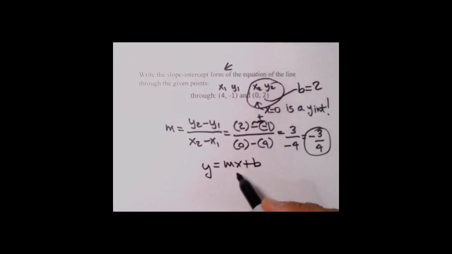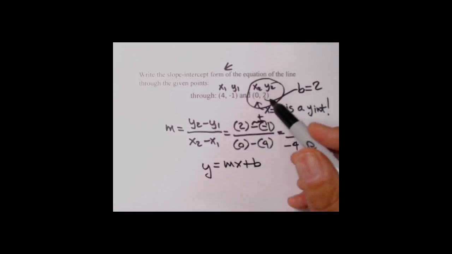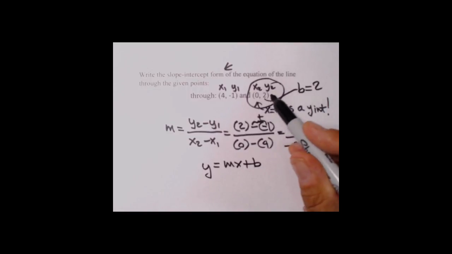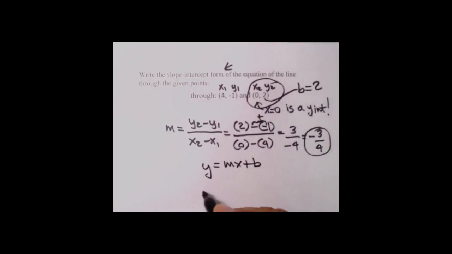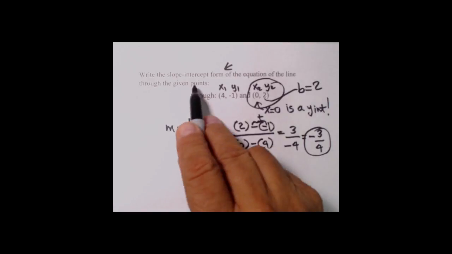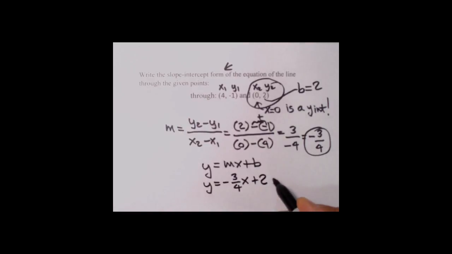And the only reason we can use that here is one of our points happened to be a y-intercept, so we know what that is. So, okay, this makes this real easy then. Y equals, the m we got was -3/4 x, and then the b value was +2, so +2, and of course remember, they wanted slope-intercept form.